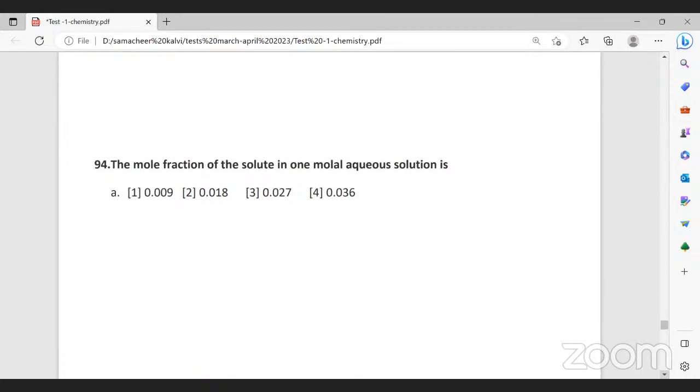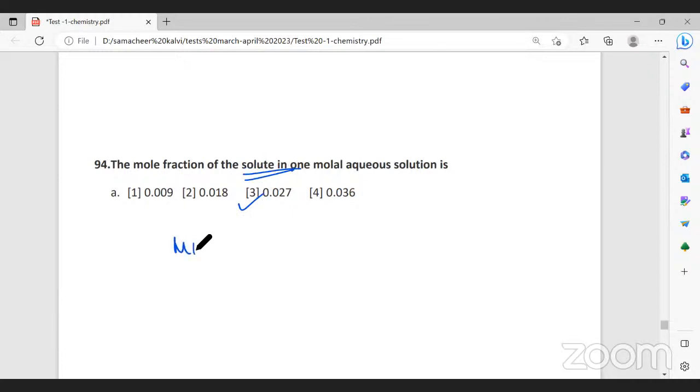The mole fraction of a solute in 1 molar aqueous solution. I've given the answer to be 3, but we cannot calculate the mole fraction.